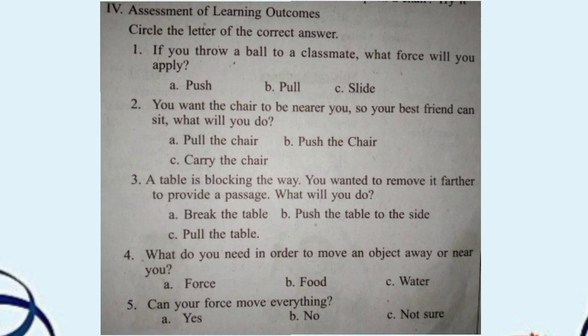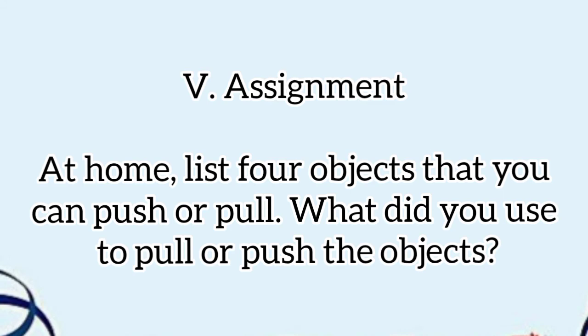So we may give quizzes, tests, or activities for our students to do. In the example given, there are 5 questions wherein the students are going to circle the letter of the correct answer. So the last part is the assignment.